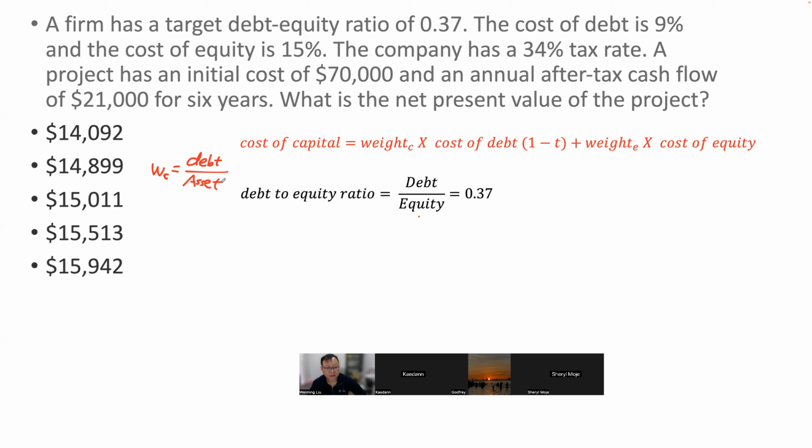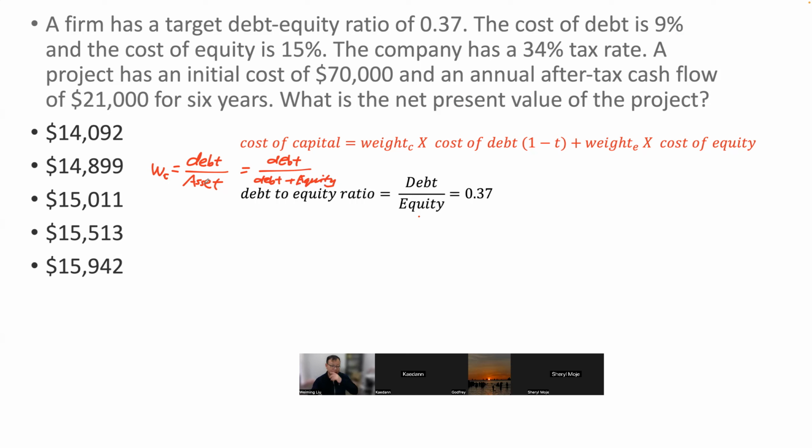That's the weight of the debt: of the total amount of assets, how much is financed through debt? So debt over asset. And the asset equals liabilities, which is debt plus equity, right?